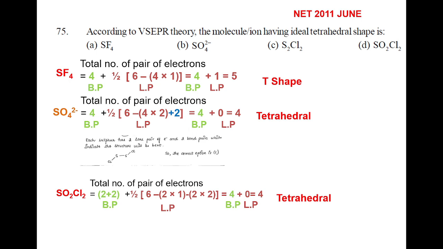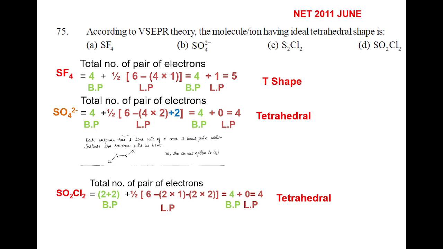In the sulfate ion, we have regular tetrahedral shape. S2Cl2 is a linked molecule having two lone pairs of electrons, two bond pairs of electrons, so this is a bent structure.